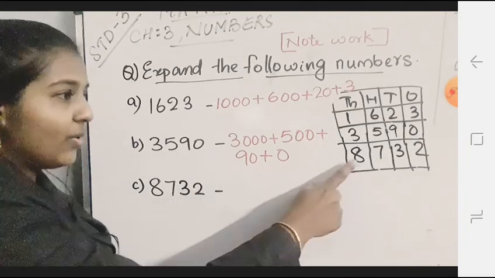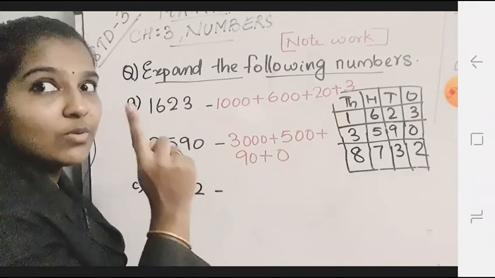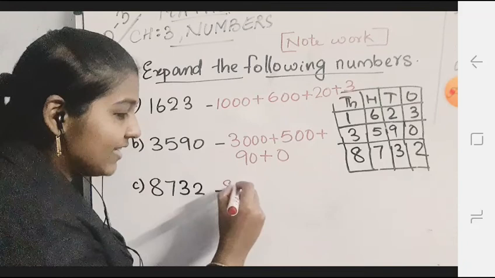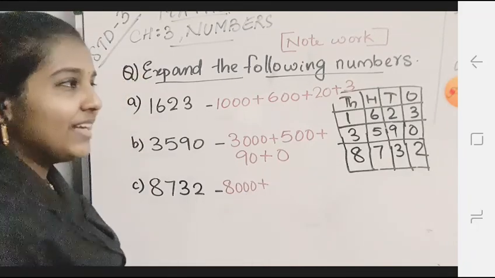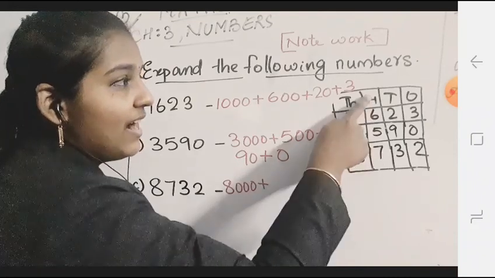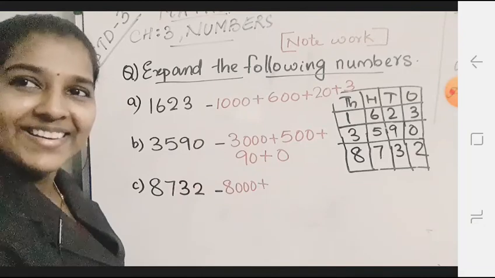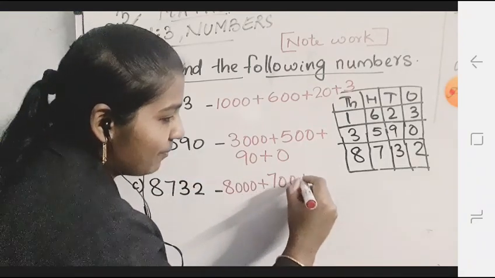So 8 in thousands, that is 8 thousands. 8 thousands are 8,000. So write 8,000 plus. Now next, 700. 700s are 700, isn't it? So 700 plus.